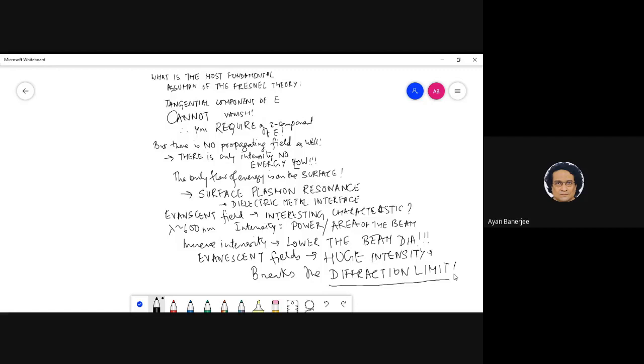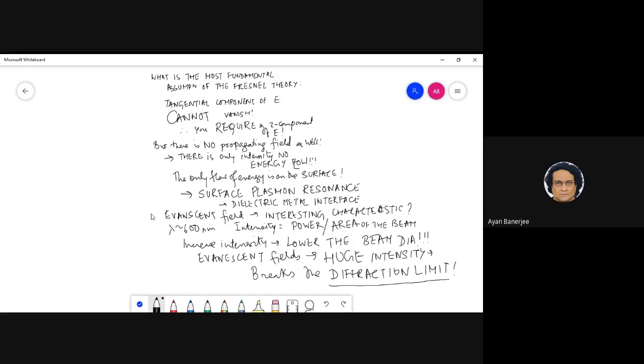It's related to the resolution of imaging. Yes, that is correct. But basically, when we learn this in the course, when you focus a laser beam through a lens, the minimum spot size that you obtain is given by the diffraction limit.